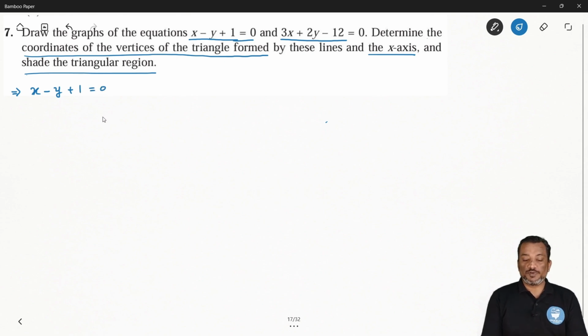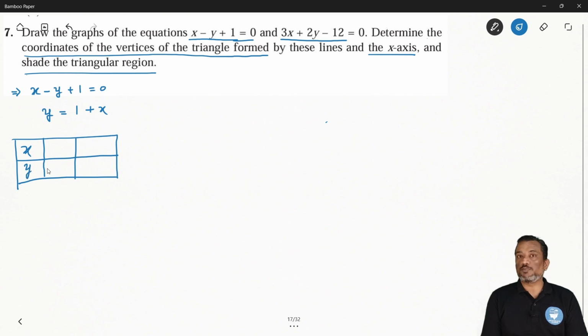So first one we can solve and we can say, okay, y is equal to 1 plus x. Okay, so first we will draw the solution set. Two solution sets minimum. Okay, minimum you make 2 and maximum you can make 3 to 4. Okay, so x y, I have also told you tricks in the linear equation chapter, when you make two solutions, how you can make them and how you can use them. Otherwise, without the trick you can make 3-4, that is dependent upon you.